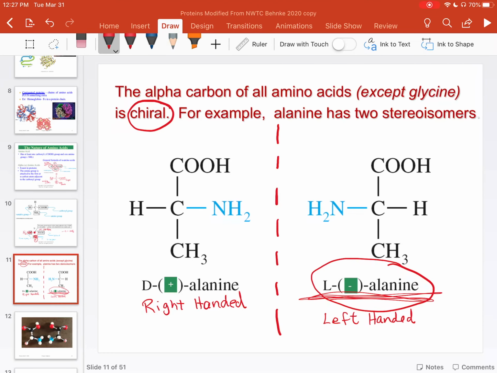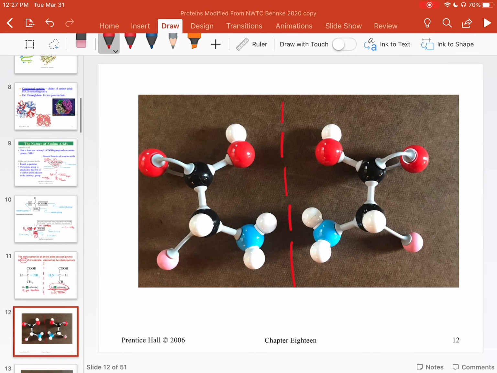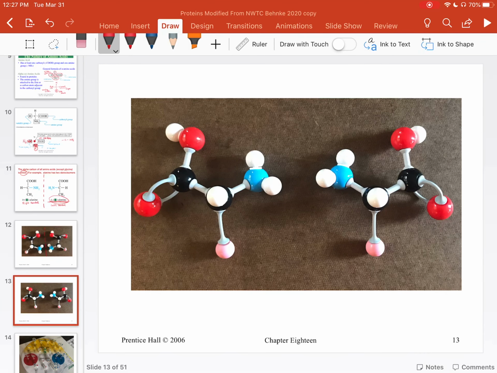So I have a series of pictures that show the nature of the chirality of amino acids. And you can see that these are mirror images of one another. And if I just twist them a little bit, you can see that these are still mirror images of one another.